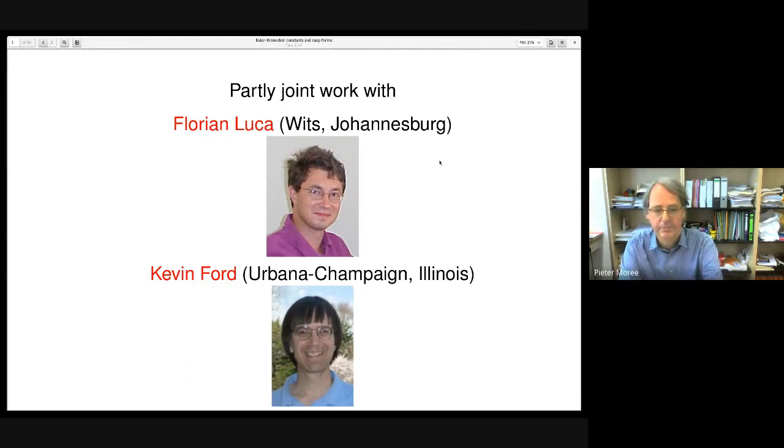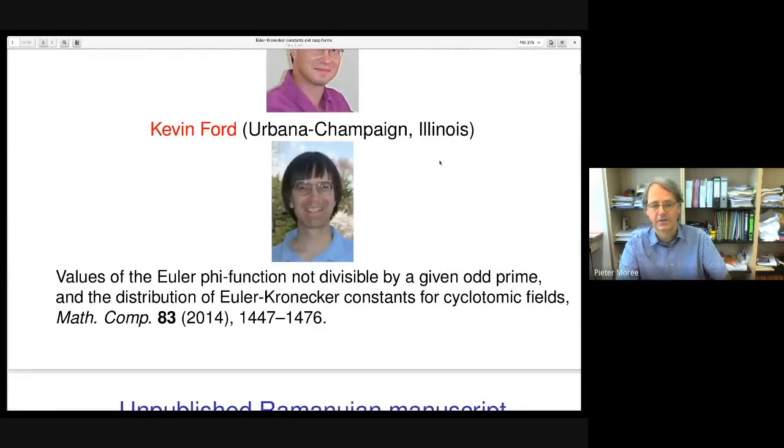What was this? This was where we looked at the Euler phi function being not divisible by a certain prime, and the distribution of Euler Kronecker constants for cyclotomic fields. As you see, this was published already quite some time ago, in 2014. So this will play an important role, and I will also explain some results from there.